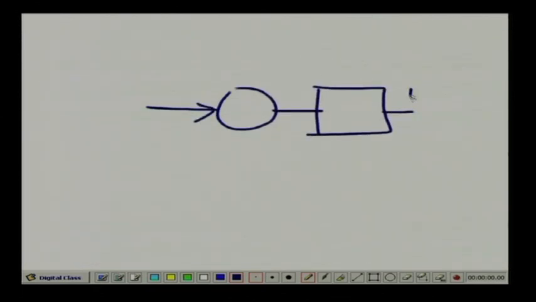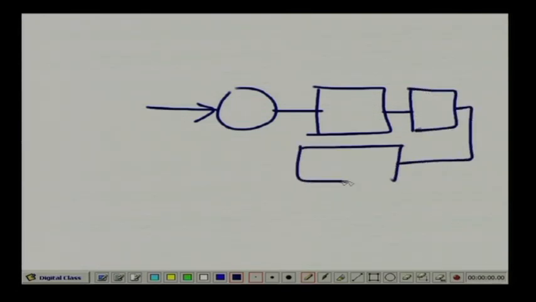So, I have a controller, a process, and a measurement, it is coming like this. This is our set point, and this is our output from the DP transmitter, right.